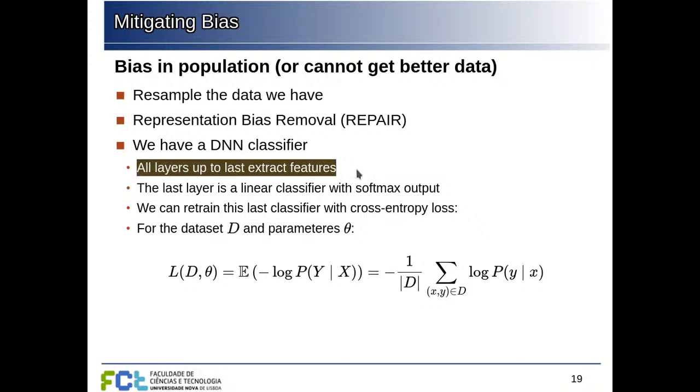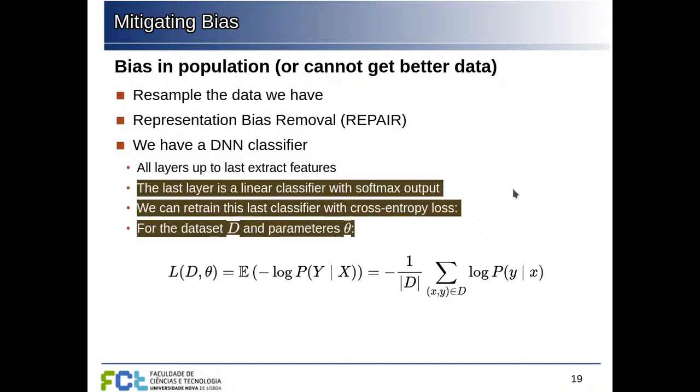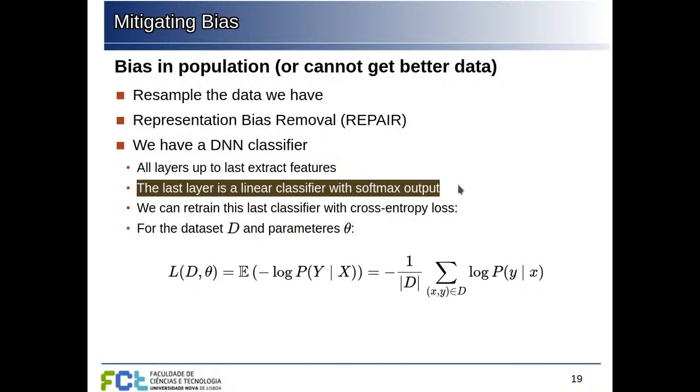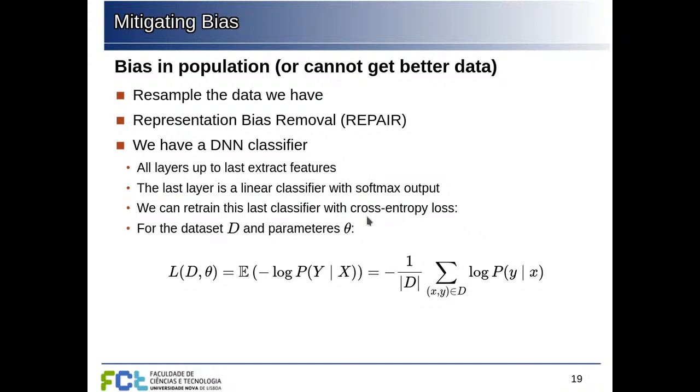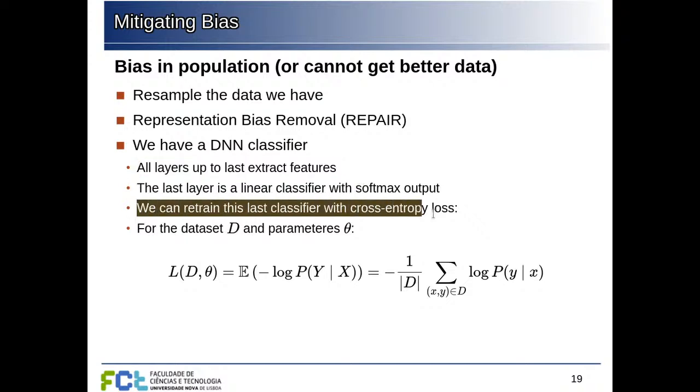And we can think of all the previous layers as having been trained to extract the right features from our data, so that this last layer, which is a linear classifier, can just tell us what class each example belongs to.